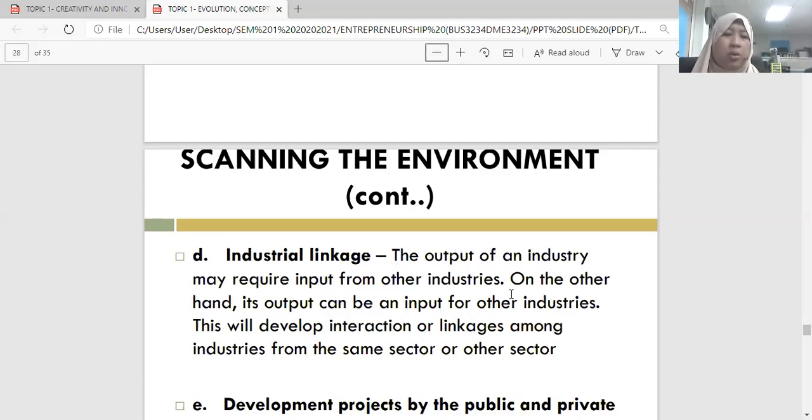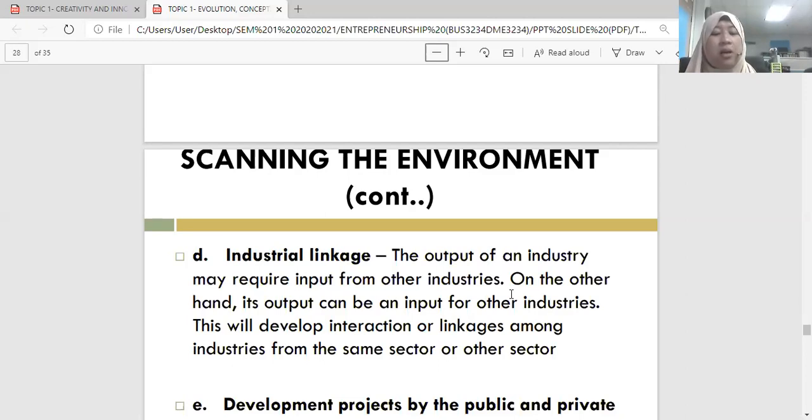So what I'm trying to tell you is that every single spare part, or component, parts in the car itself, has its own supplier. So it can be input and at the same time it can be output.